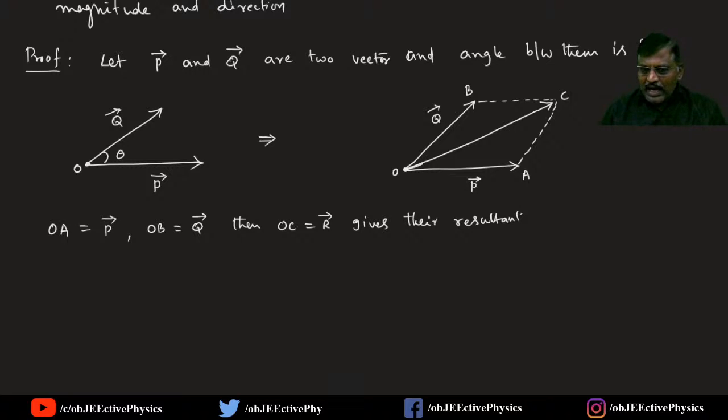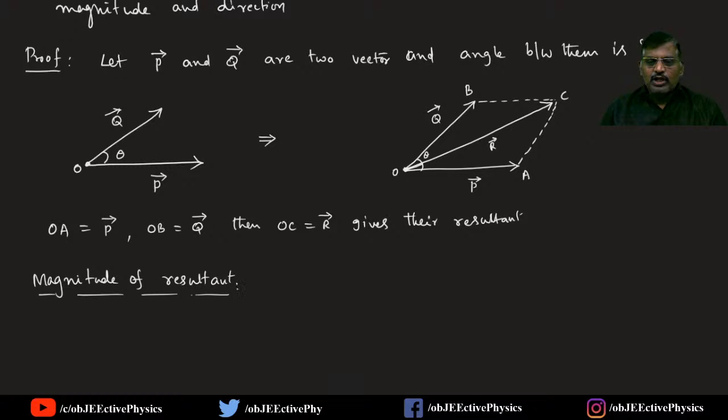To know the magnitude of R bar, theta is the angle between P bar and Q bar. We want to calculate both magnitude as well as direction. First of all, the magnitude of the resultant, that is, modulus of R bar.